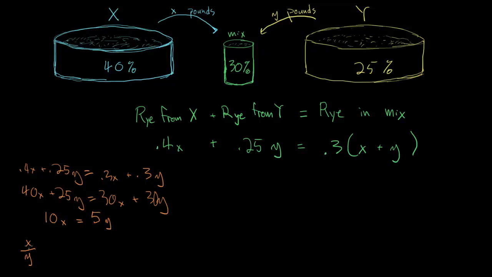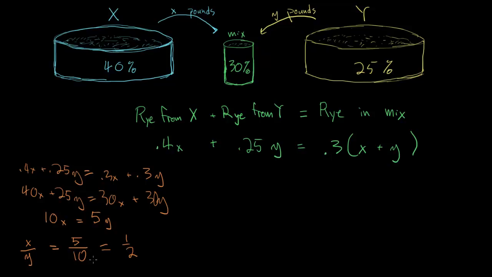And I guess we're almost at our goal. How can we get from here to here? If I divide both sides by 10, I'll end up with a 10 in the denominator over here. And if I divide both sides by y, I'll end up with a y in the denominator over here, which is what we want. So that gives us x over y equals 5 over 10, which equals 1 over 2.